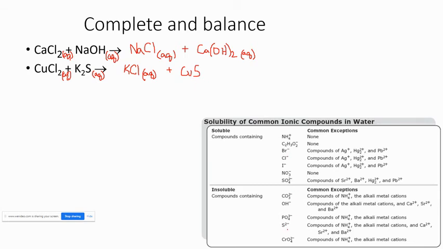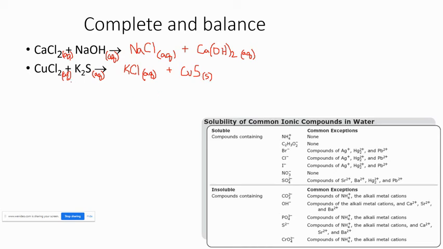Sulfur is not soluble unless it's with ammonium. We're not with ammonium. It is not with an alkali metal. Copper is not in group 1, not an alkali metal, and not calcium, strontium, or barium. It is none of those things. So this is now going to form a solid or a precipitate. So we put that S there. So this reaction does happen because we form a solid.